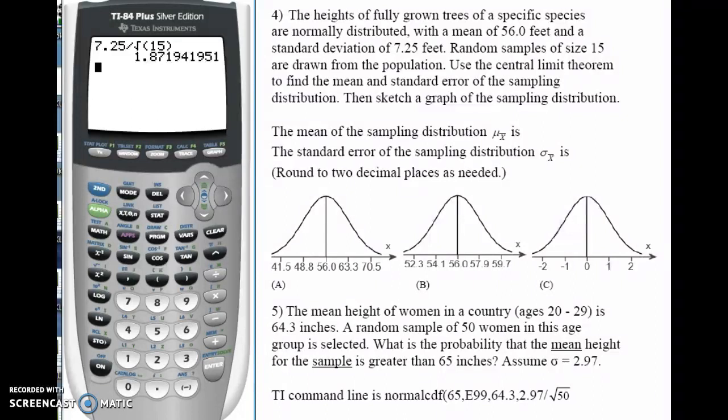Number 5. The mean height of women in a country is 64.3 inches. They take a random sample of 50 women in this group. What is the probability that the mean, watch for that word, height for the sample is greater than 65 inches? Assume sigma is 2.97.